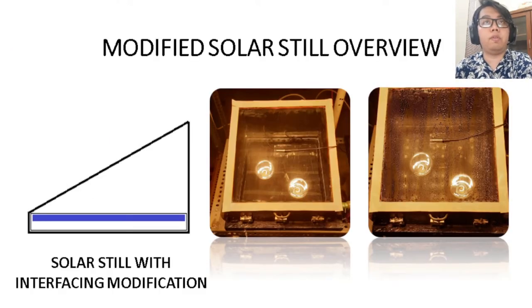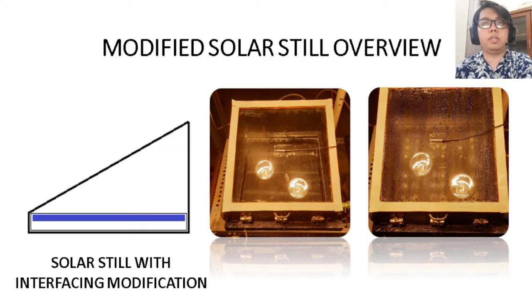This is an overview of the modified solar still. The picture on the left is the side cross-section. The blue bar indicates the elevated rubber, which is then layered with tissue or aluminum and varied by the direction of the capillarity. This method is used in order to increase the water temperature much faster while also maintaining the volume of the water through capillarity.